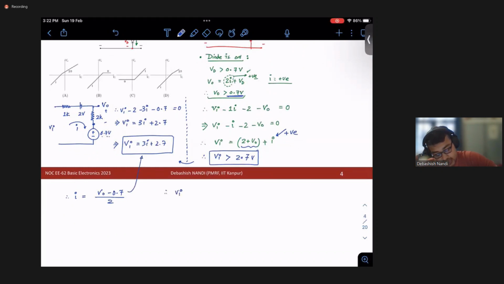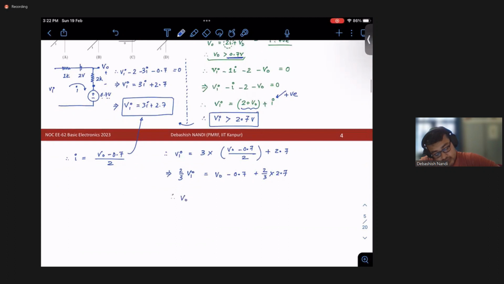We get Vi is equal to 3 into (V naught minus 0.7) by 2 plus 2.7. So if I change the side, it will be 2 by 3 Vi equal to V naught minus 0.7 plus 2 by 3 into 2.7, right?